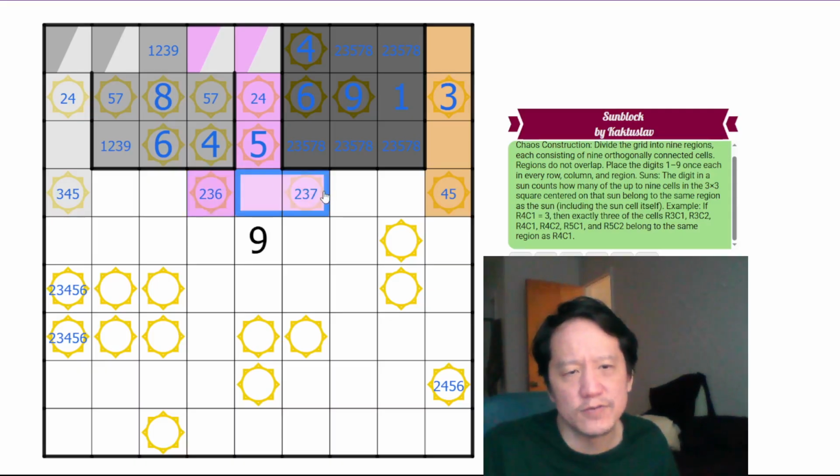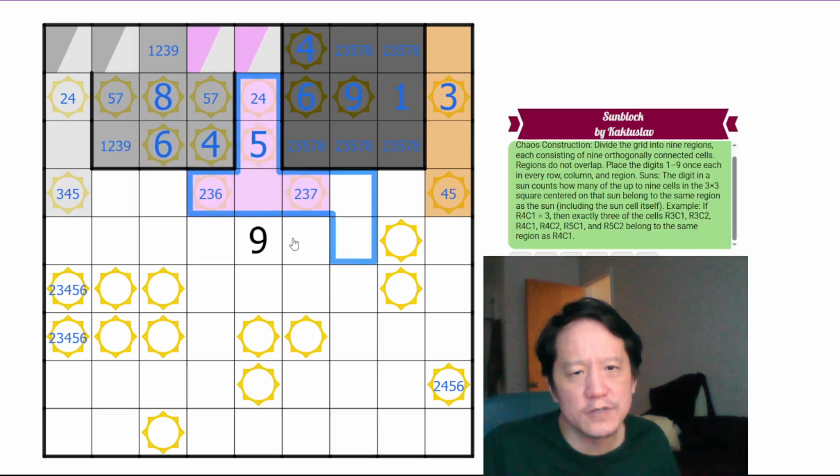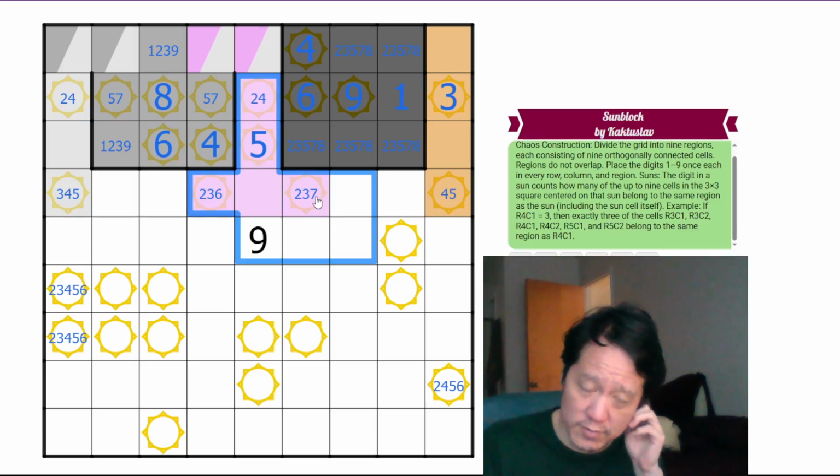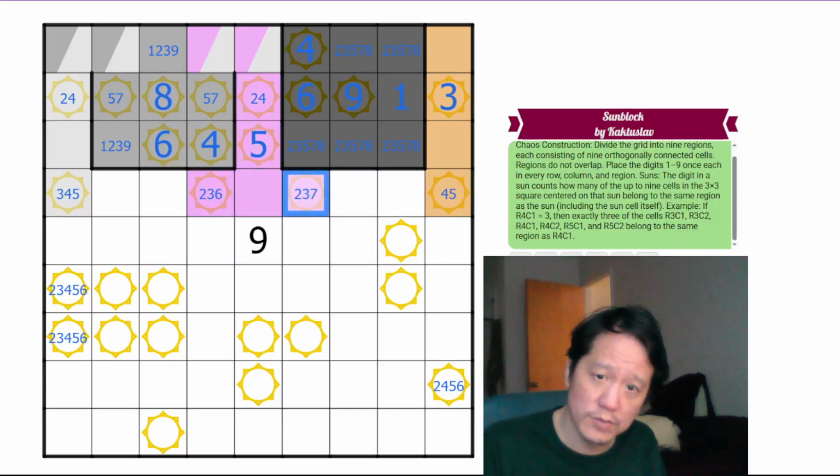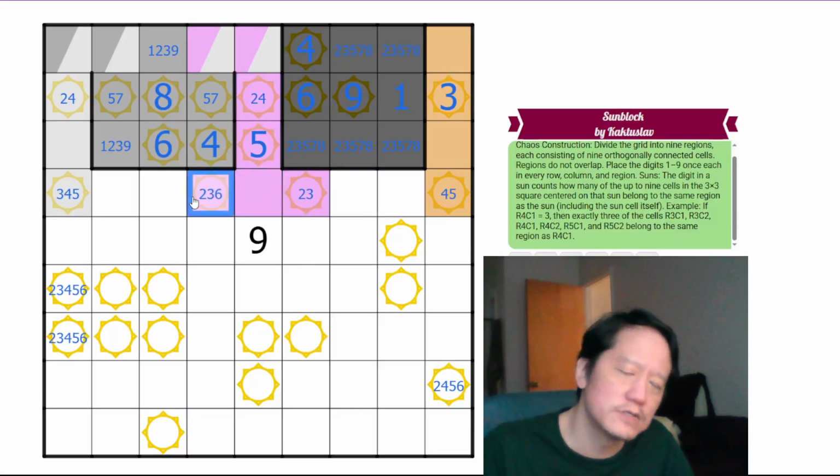Can this be 7? 5, 6, so 5 here. 6, 7, 8, 9. That would force this not to be 7, because this would be 4 also. Can this be 6 then?